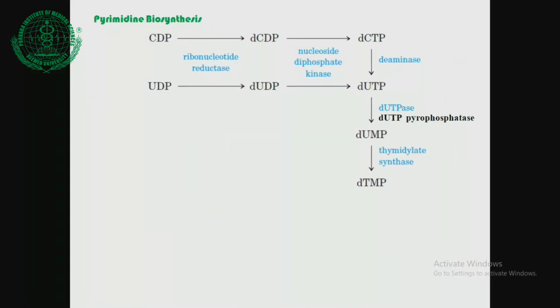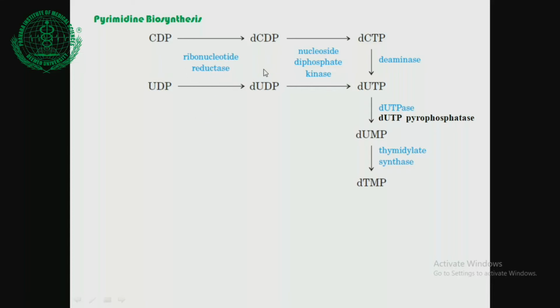This is taken further to synthesize another pyrimidine nucleotide. Cytidine diphosphate or uridine diphosphate is converted into deoxycytidine diphosphate or deoxyuridine diphosphate through the action of ribonucleotide reductase.